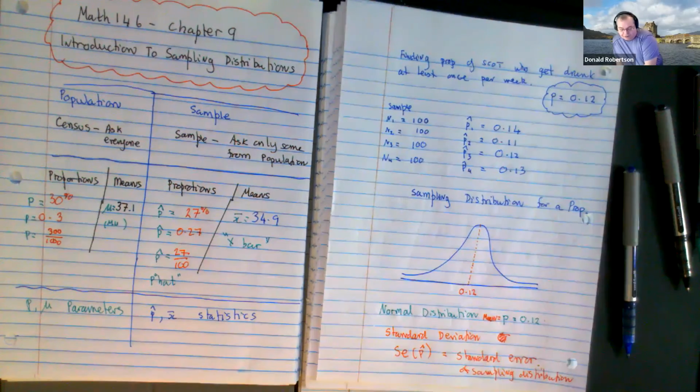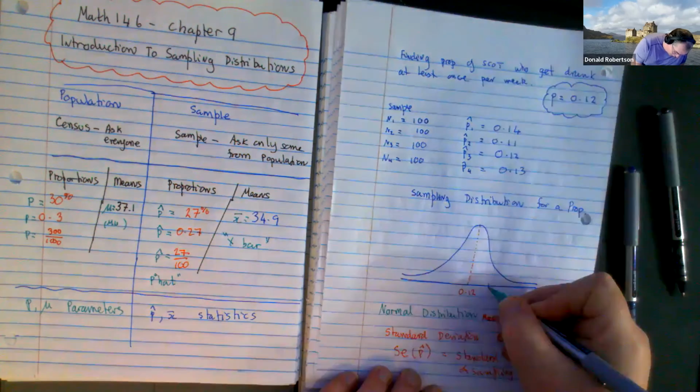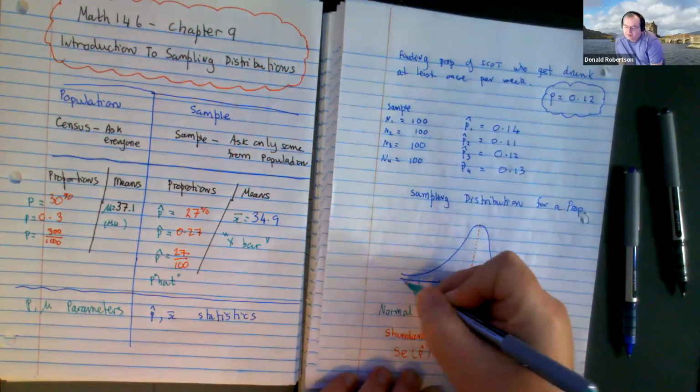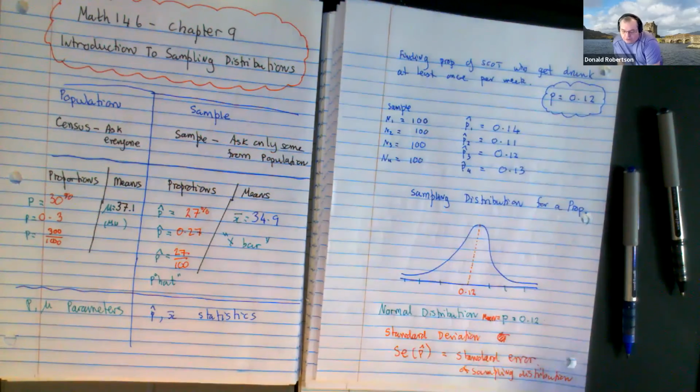The standard error, SE of p-hat, the standard error of the sampling distribution, is a standard deviation. You remember the guys that go 1, 2, 3, 1, 2, 3? The normal standard deviation. It's called standard error. That's what they call it, so that's what we have to call it. But it's still a standard deviation.